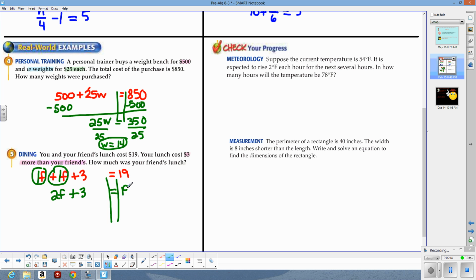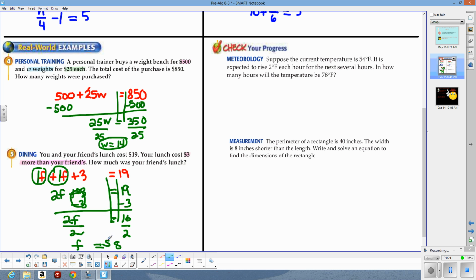Now to get the F by itself, we're going to subtract 3 from both sides to get rid of this plus 3. So we end up with 2F equals 19 take away 3, which is 16, and then divide by 2. Your friend's lunch is going to equal $8.